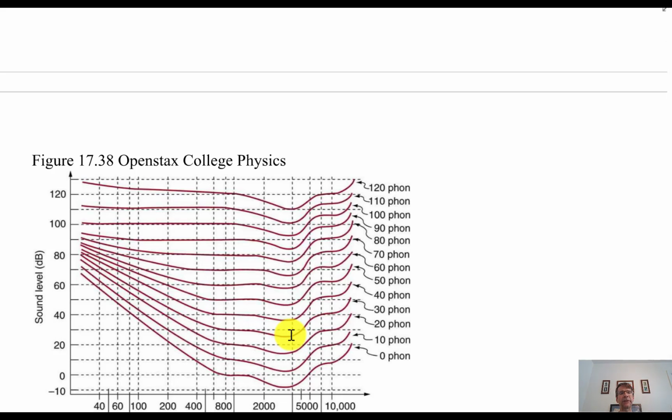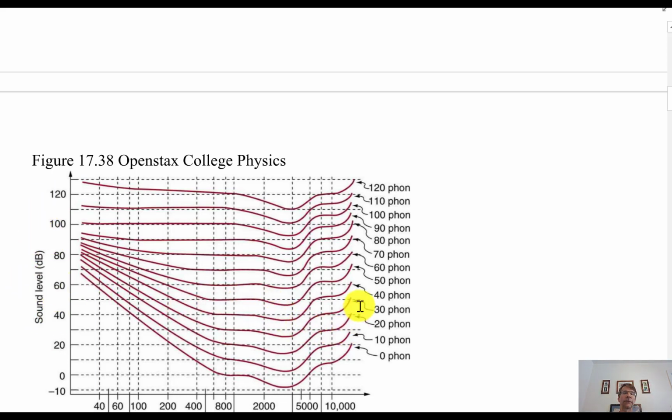So if you play a 4,000 hertz sound at 30 decibels, actual measurable level, it's going to sound as loud to you as a 10,000 hertz sound played at 40 decibels, because anything on that 30 fan line sounds the same loudness to you, even though they're not the same loudness as measured on a machine that gives you actual readings of how loud it is.